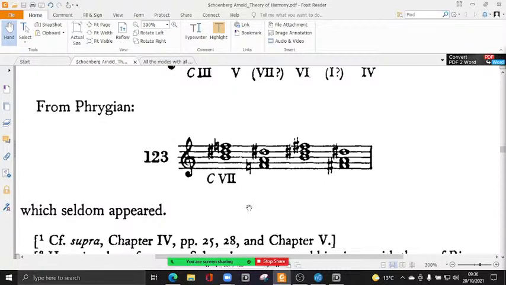So he says, okay, it seldom appeared because in truth, in the Phrygian, the seventh degree was not actually raised. But if we apply this chord, Georgios connected it immediately with the augmented sixth. In this case, it's pretty obvious: F, A, D sharp.